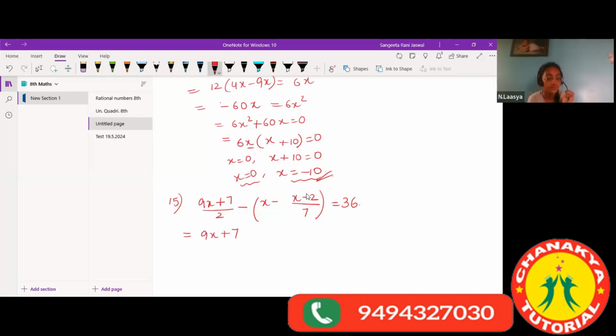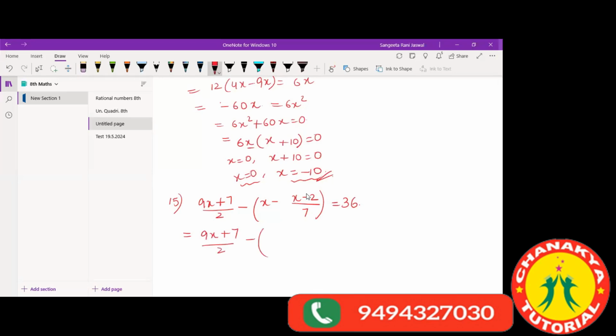9x plus 7 by 2 minus, first solve the inside bracket part, okay? So inside the bracket you have x minus x minus 2 by 7. So just take the LCM of the inside part of the bracket. It becomes 7 into x is 7x minus, this side will be 7 into x minus 2, equals to 36.